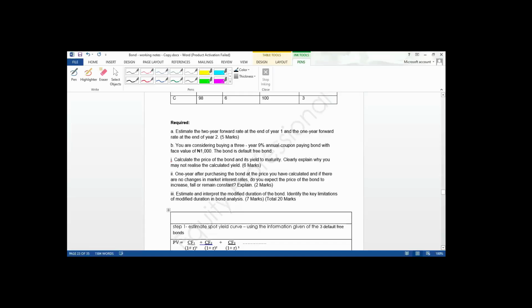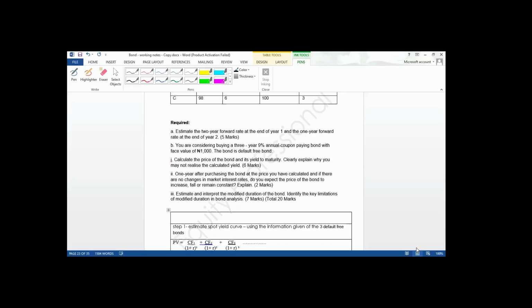At maturity, the price will be 1,000. That means if interest rate remains unchanged, the bond we buy for 1,060 naira, the price will continue to fall until it gets to 1,000 naira.